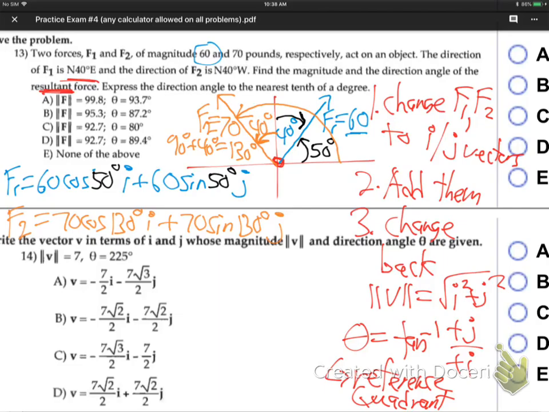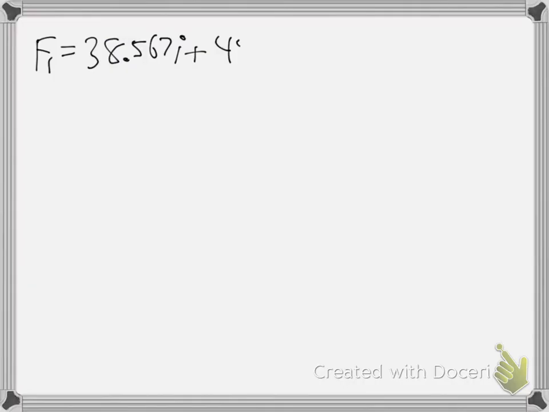So I'm getting force 1, use a few places of decimals, 38.567i plus, what is it, 60 sine 50, 45.963j.